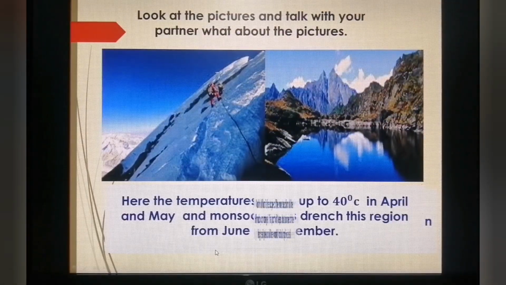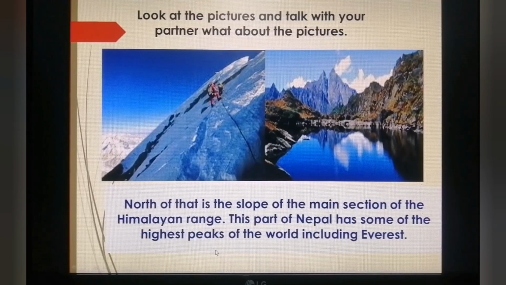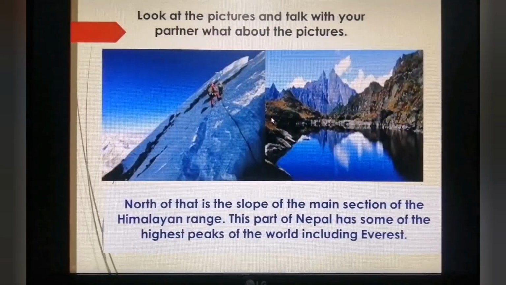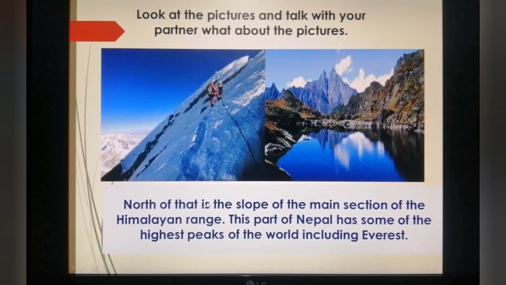Look, we have discussed the southern part of Nepal. Now we will discuss the north part of Nepal. The north part of Nepal is the slope of the main section of the Himalayan range.